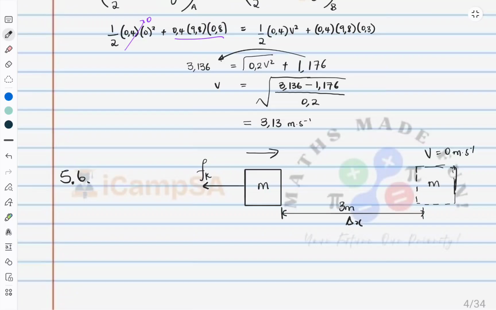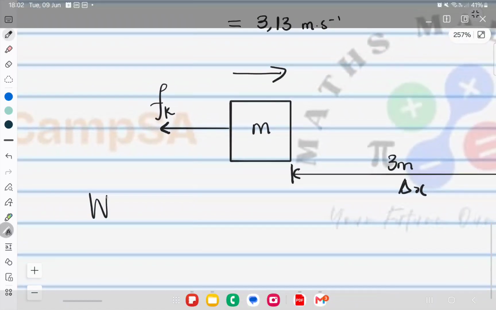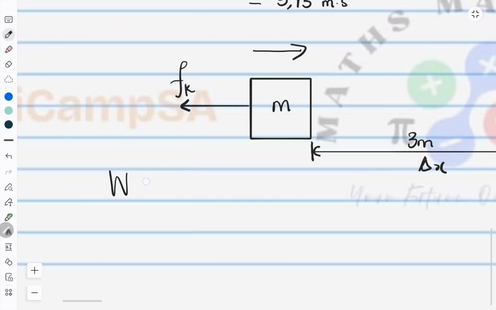We said work done by a force is the force times the cosine.